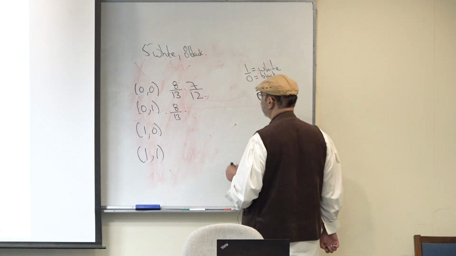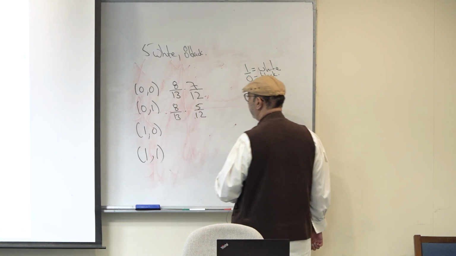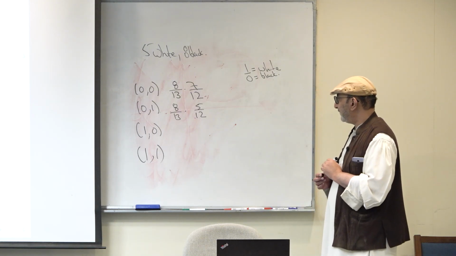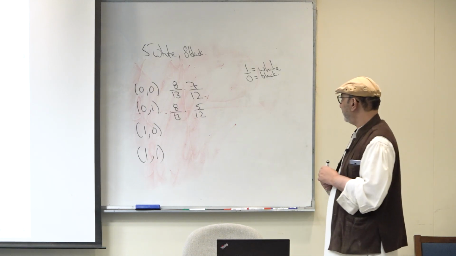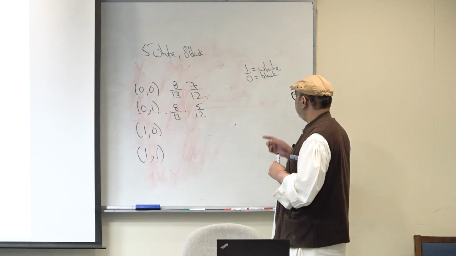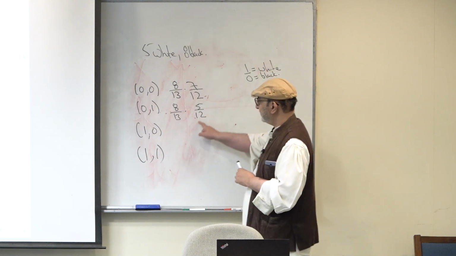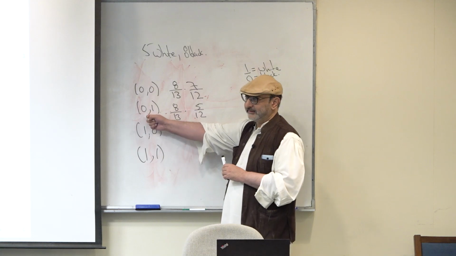There are 12 marbles left, and 5 of them are white. So I think 8 out of 13 times 5 over 12 is the probability of drawing a black and then a white, and therefore the probability of getting this result for the random variables at the end of the experiment.